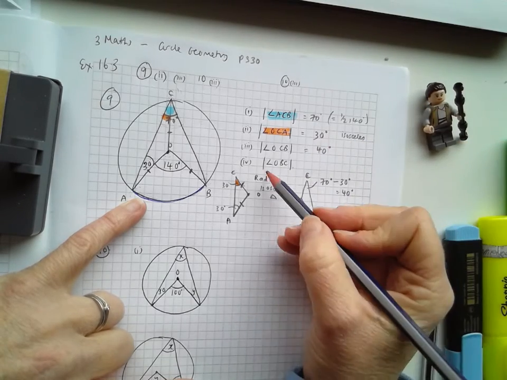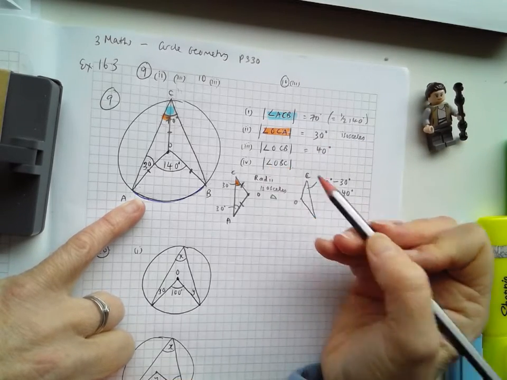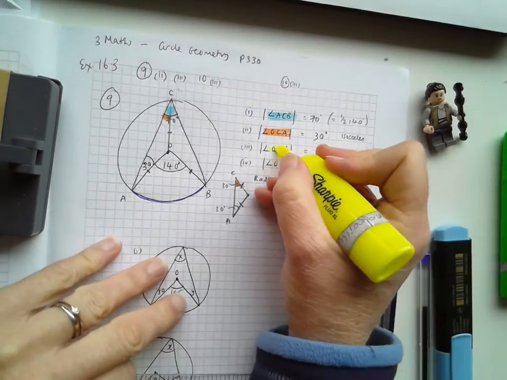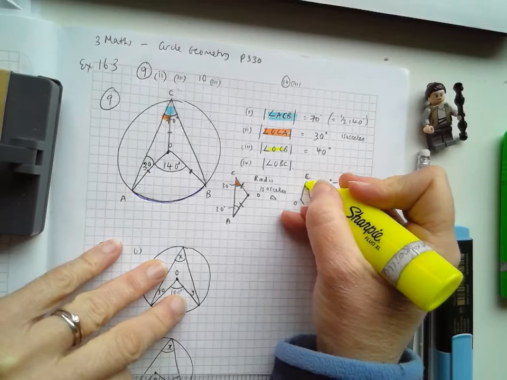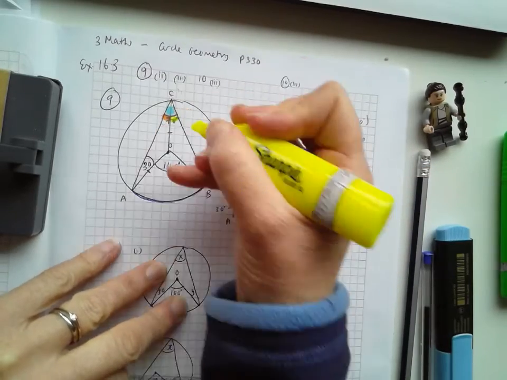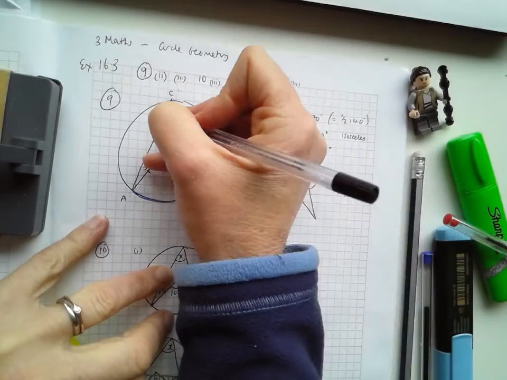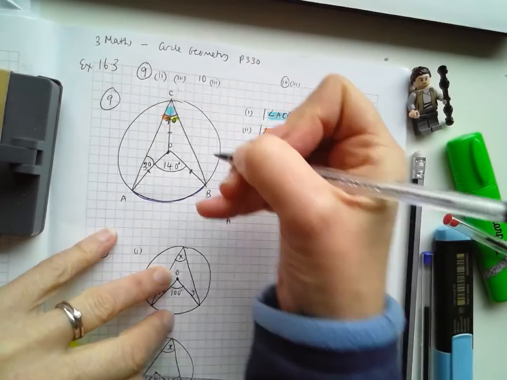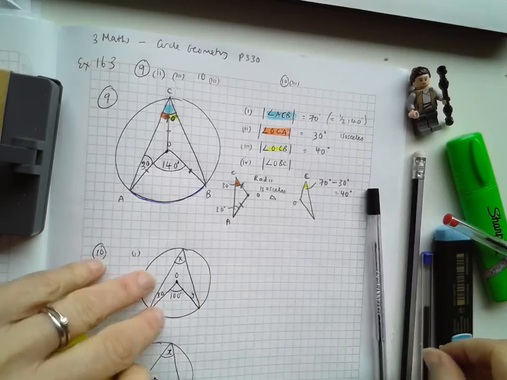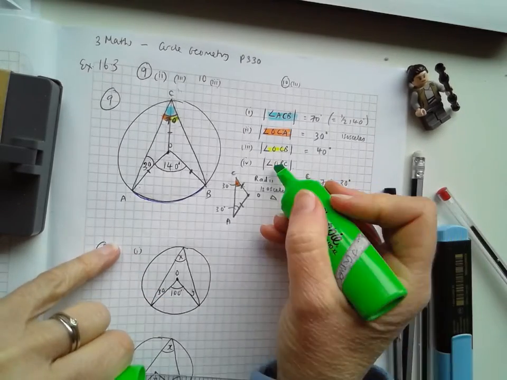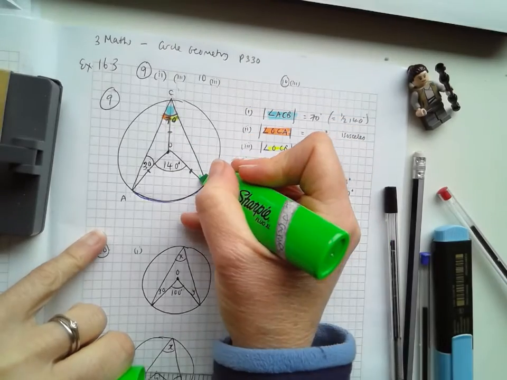And then finally OBC. OCB is this one here, and this is 70. Finally, OBC, so that's this one here.